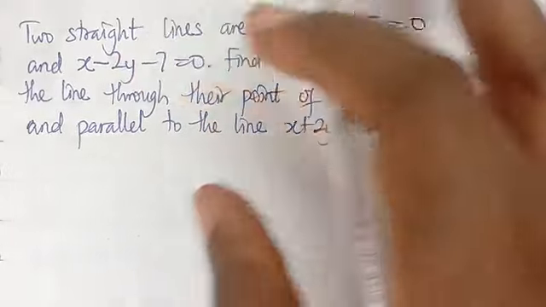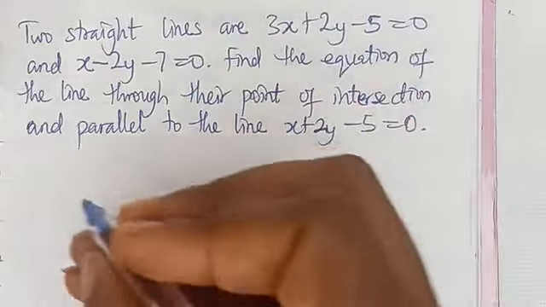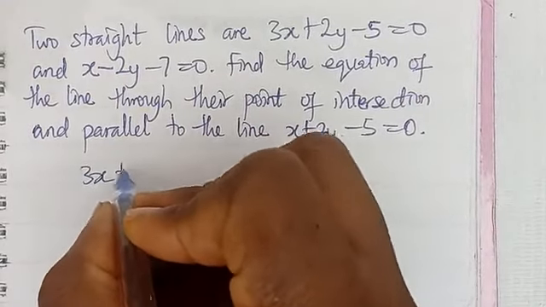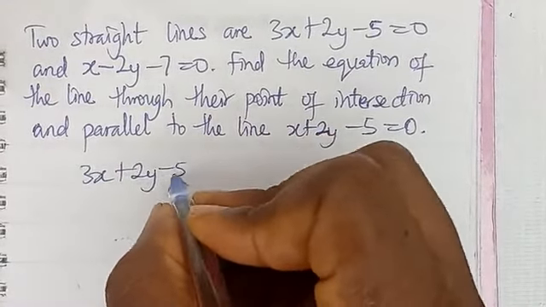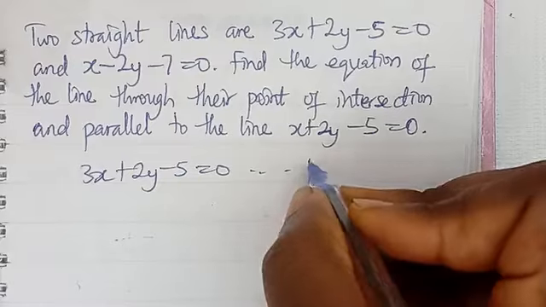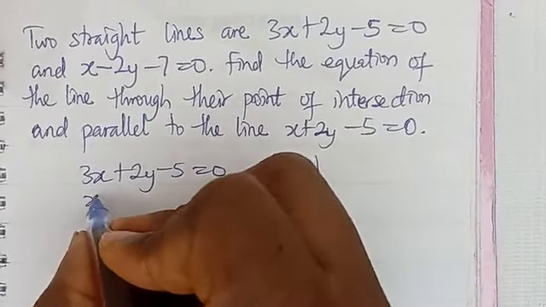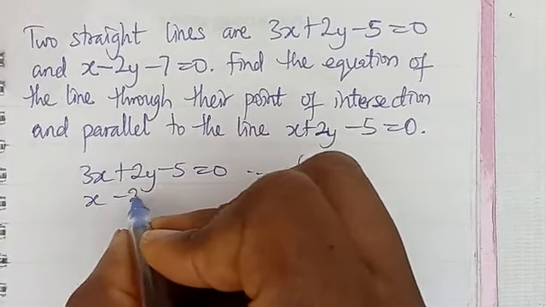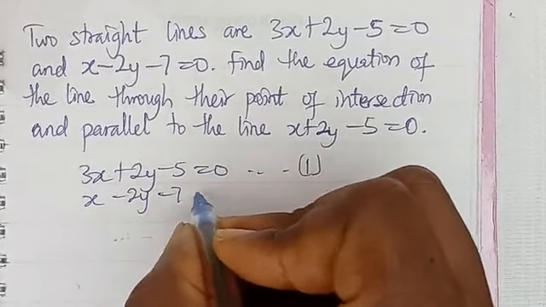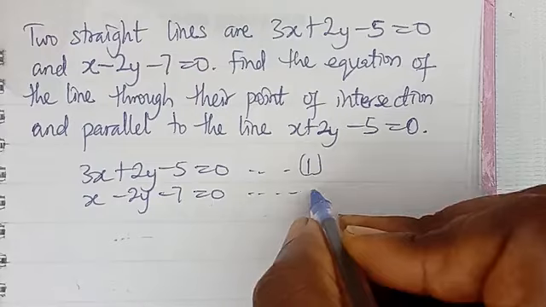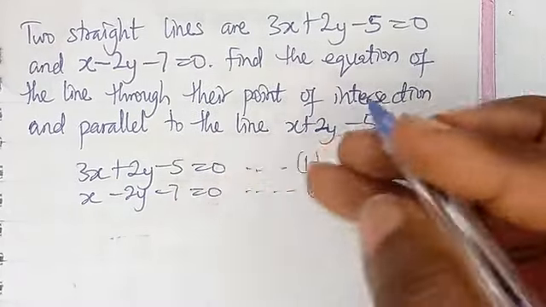Okay, now let's solve the simultaneous equations. We have 3x + 2y - 5 = 0 as equation 1, and x - 2y - 7 = 0 as equation 2. We can use the elimination method.